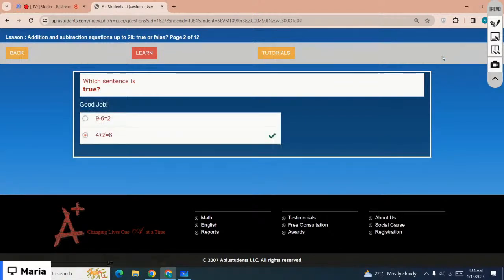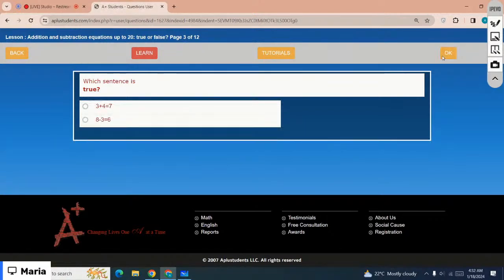Okay, the next one: which sentence is true? So which is the correct option?